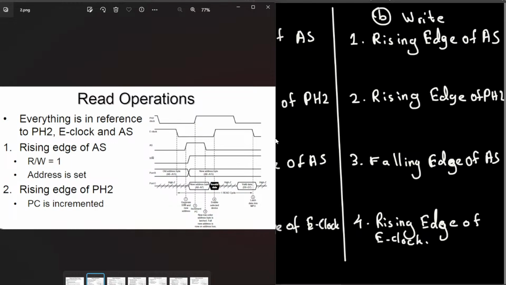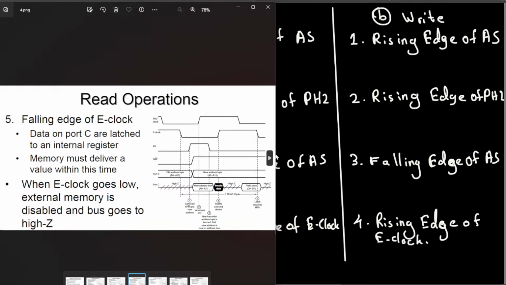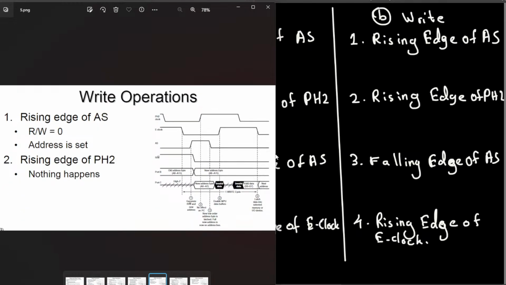Also, another thing that is not mentioned is that it places addresses on port pins. Same thing for the write, but here RW is set to 0, and it places addresses on the port. So there are only two differences: for reading RW is set to 1, for writing RW is set to 0.